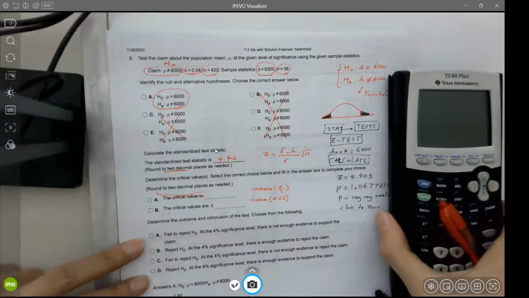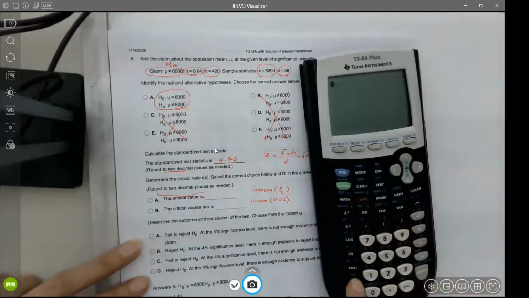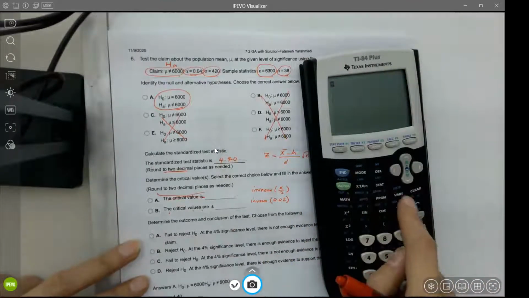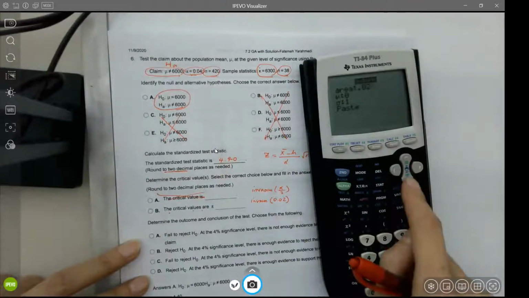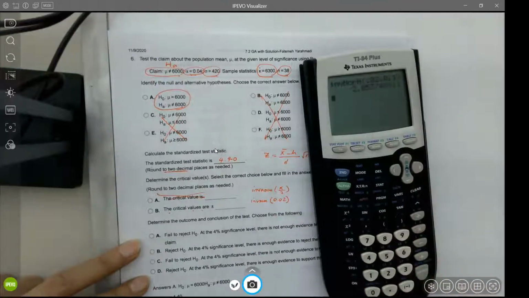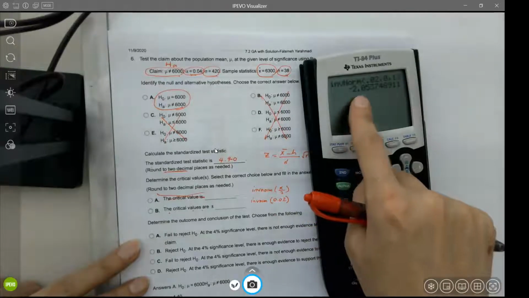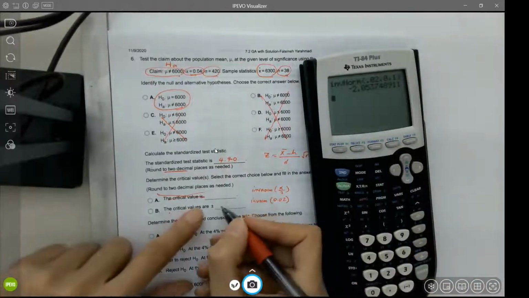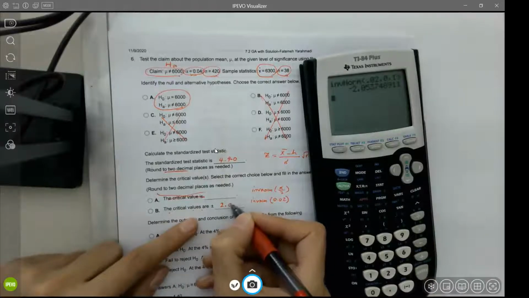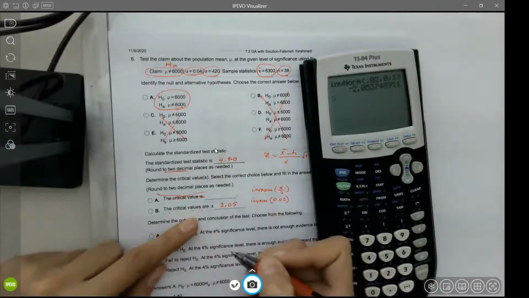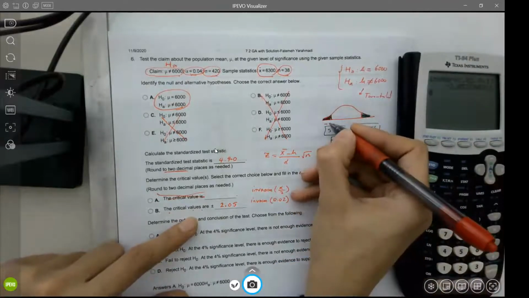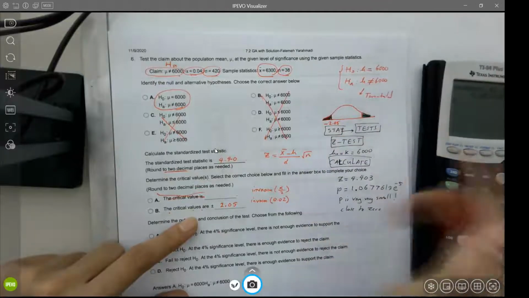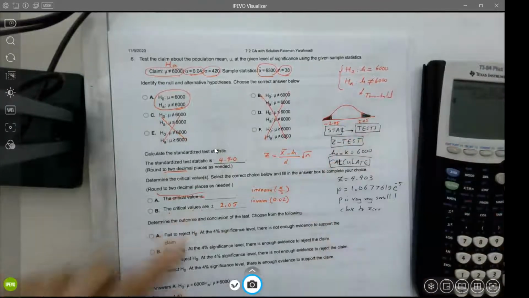Let's take a look at our calculator. Second, DISTR, inverse norm, alpha is 2%, and calculate. Negative 2.05. So plus or minus 2.05 are the critical values. So negative 2.05 and positive 2.05.